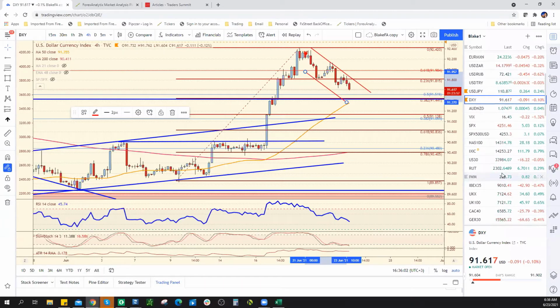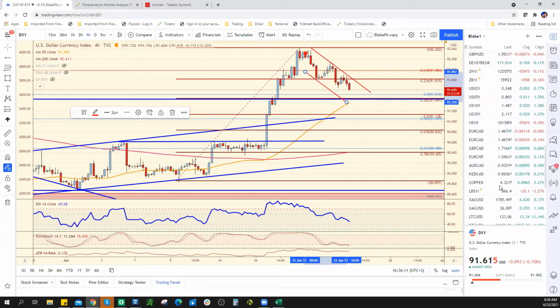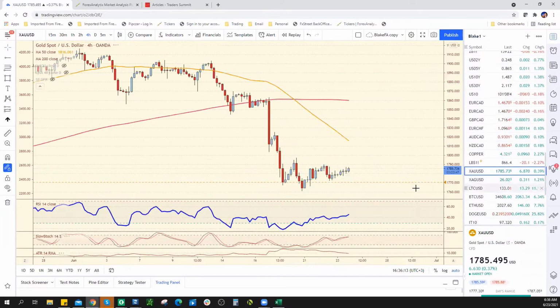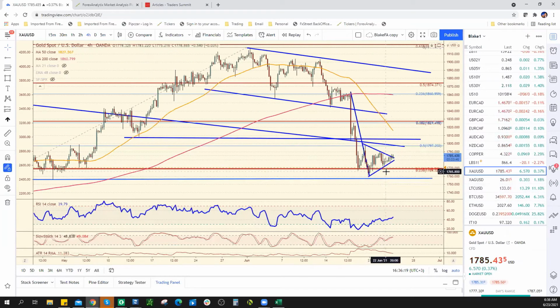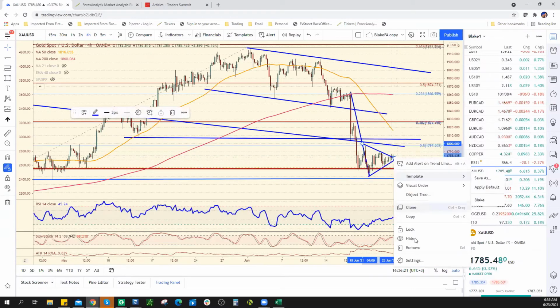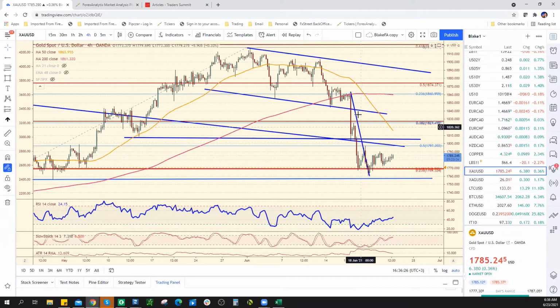Gold. Gold just spiked higher. Gold's trying to move out of this little wedge here, but it's trading heavy. I still think it's trading really heavy, actually.